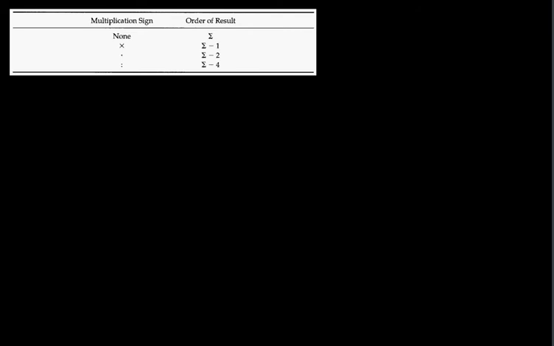So on page 808 of Transport Phenomena by Bird, there's this table, and it gives you the order of the results. So when you're dealing with a vector, you have an order of 1, and a tensor gives you an order of 2.